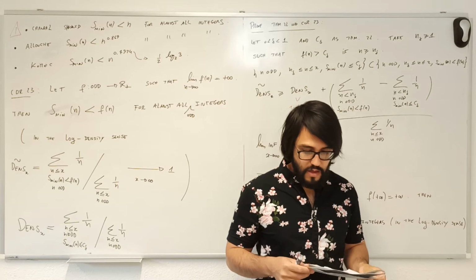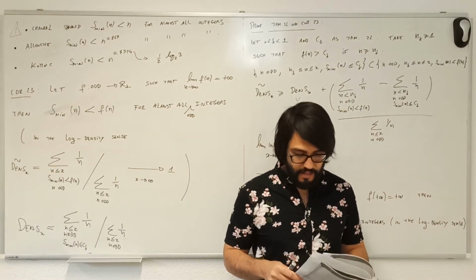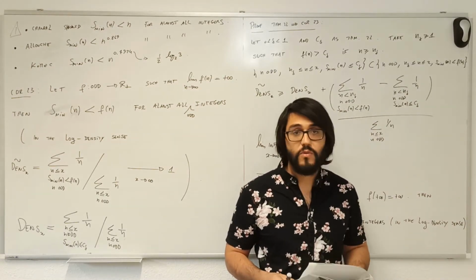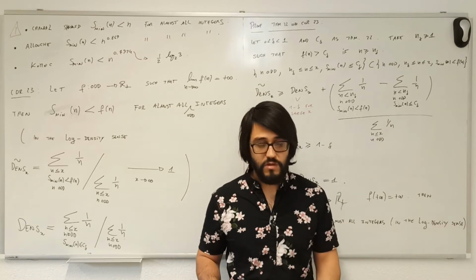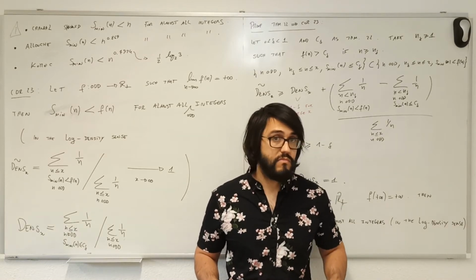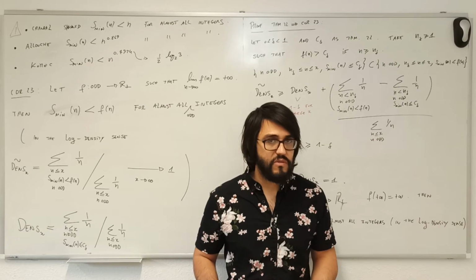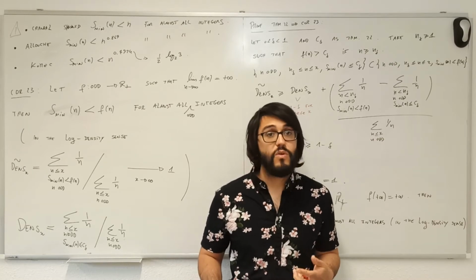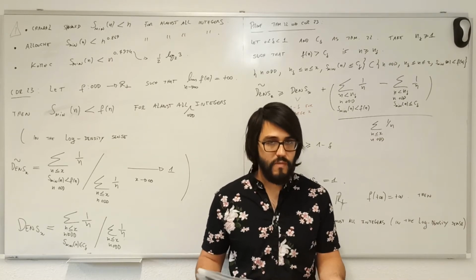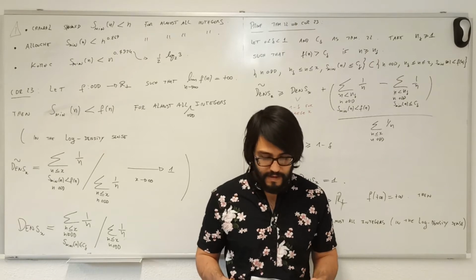Okay, so now we are in the final part of the lecture, and what I want to do is to state a proposition, give you an idea what the proposition is talking about, and then use that proposition to prove the main result, theorem 22.